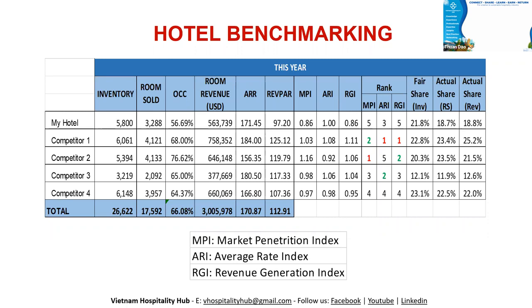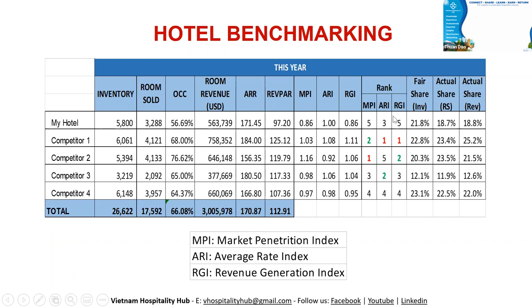But in STR, they want to make sure that competitors don't know each other's data. That means when you input your data, you only know your own data, your figure over here. You don't know the individual competitors' data. They hide all of that. They just put your figure and the average CompSet number over here.